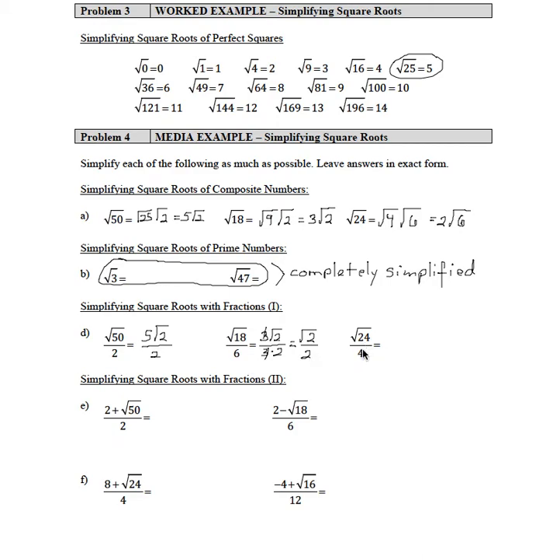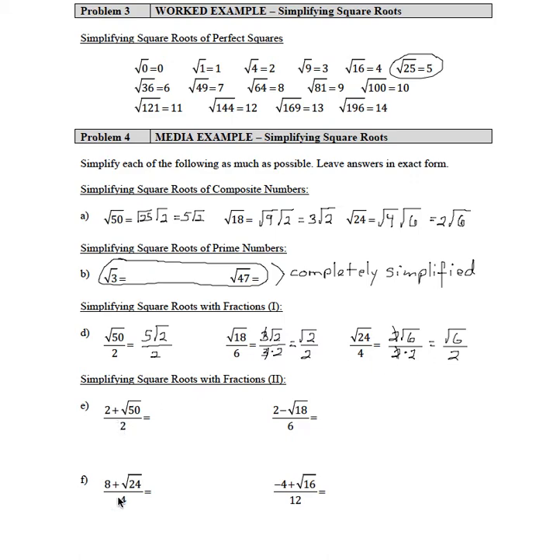Square root of 24 over 4, I'm going to write the square root of 24 as 2 times the square root of 6. We found that up above. And 4, I'm going to write as 2 times 2. 2 is a common factor which I can remove, leaving me with the final simplified result of square root of 6 over 2.